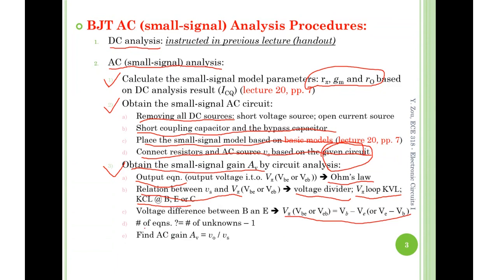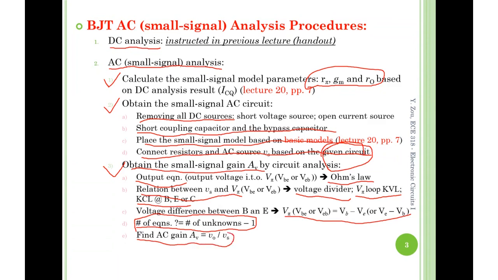And of course, as in the MOSFET analysis, you need to count how many equations you have and how many unknowns you have. If your number of equations is one less than the number of unknowns, then you're good, and you're able to find the ratio between any two unknowns.